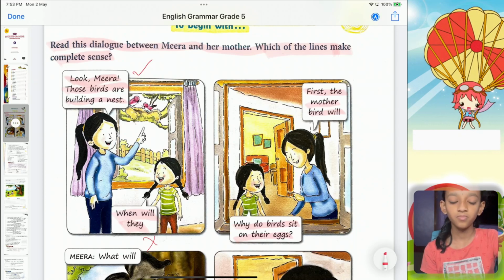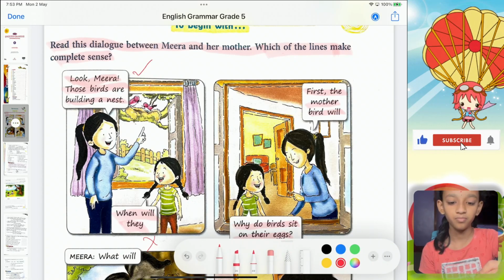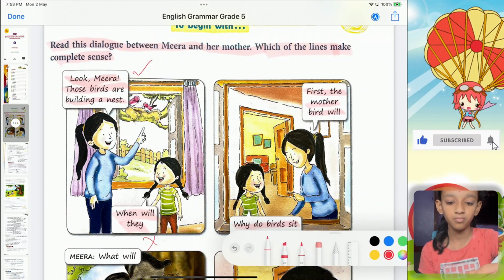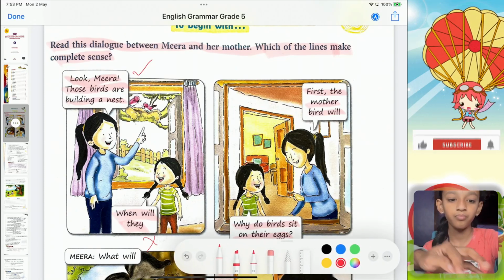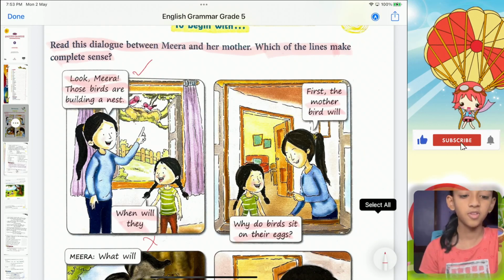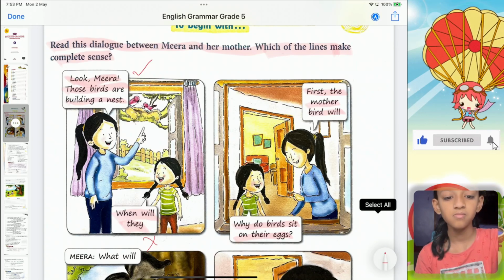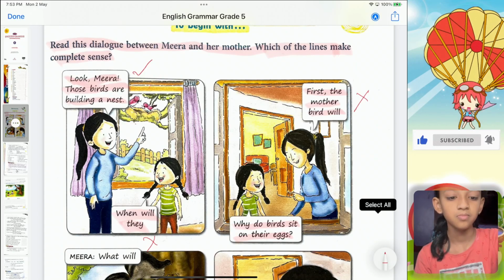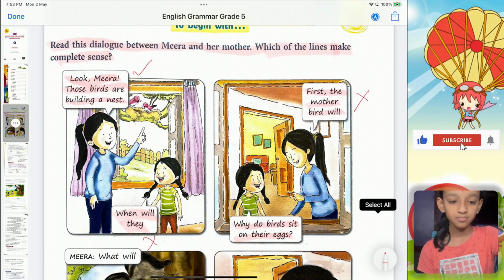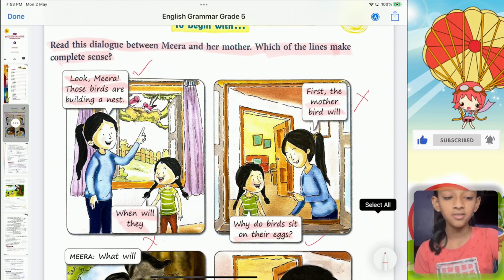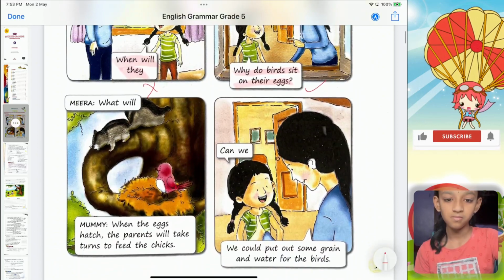If you look at these two sentences, this time whatever mom is saying is not making complete sense, and whatever Meera is saying is making complete sense, because it's a complete question.